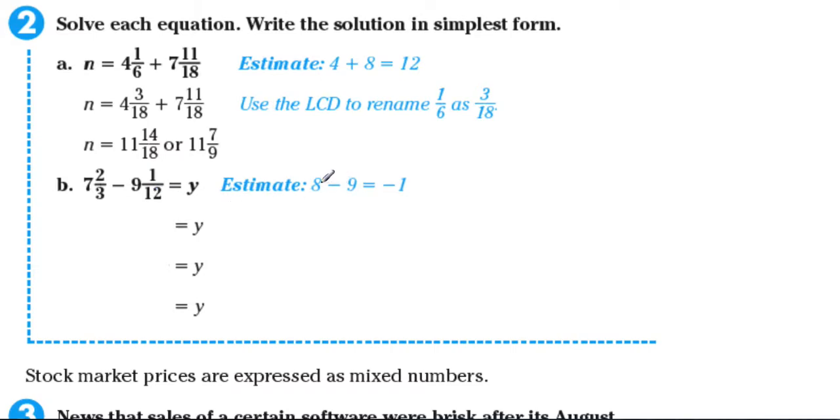Now if you notice, okay, look at the estimate. 8 minus 9 equals negative 1. That means this is 8 plus negative 9 equals negative 1. Going back to our rules of integers. Okay, going back to our song, same sign, adding, keep; different signs, subtract, keep the sign of the higher number, then it'll be exact.